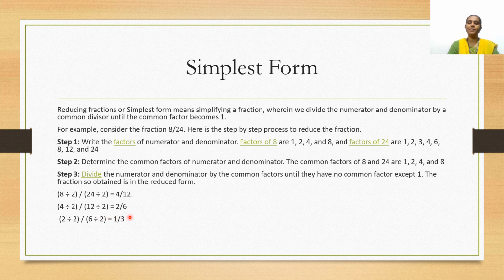I get 2 by 6. And 2 again I divide by 2, 6 I divide by 2, I am getting 1 by 3. Now common between 1 by 3, common factor is 1, which cannot be further simplified. Hence the simplest form of the fraction 8 by 24 is 1 by 3. Or you can directly find the HCF and divide the fraction by the highest common factor. We get the simplest form.